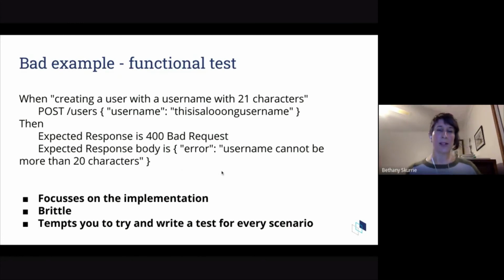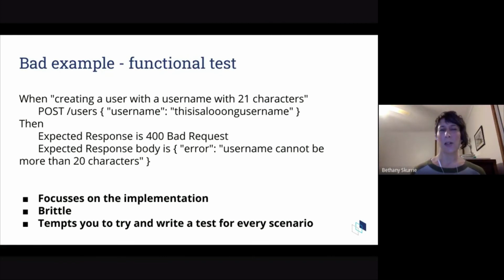Firstly, this is bad because it focuses on the implementation. We're checking that it's exactly 21 characters that the implementation has been coded as. Secondly, this is a really brittle test.